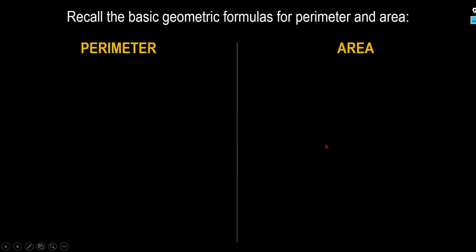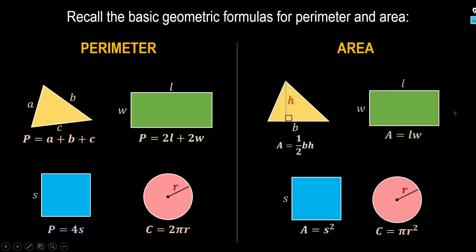Ito yung mga formulas ulit for area and perimeter. At this point, if you have engaged the asynchronous materials, these formulas should already be in your notebook. But kung hindi, pause the video again, take a screenshot and store it and copy it later.